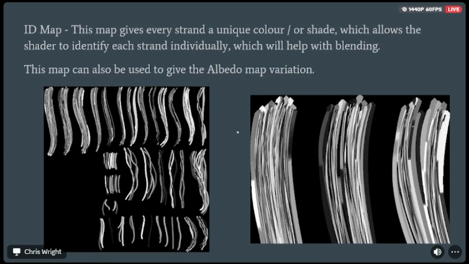So the ID map is basically every strand you place has a unique shade of white to black, and this helps the engine basically differentiate every strand, and it helps with clipping.